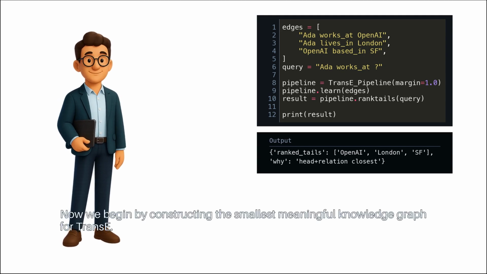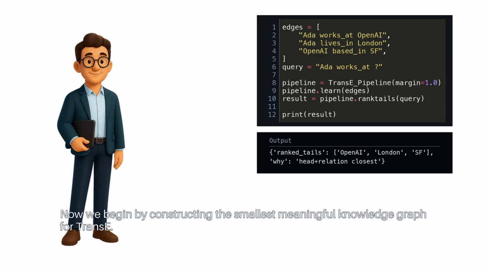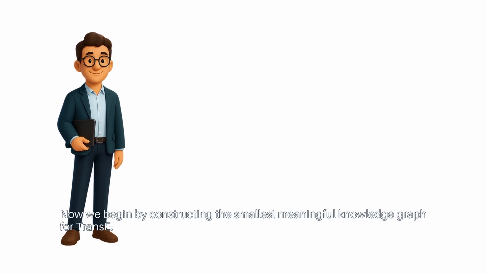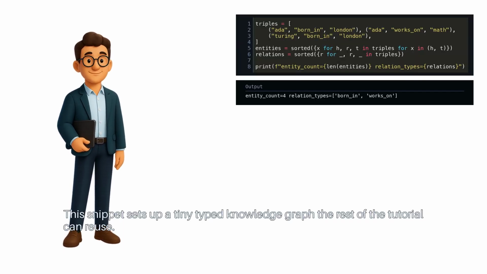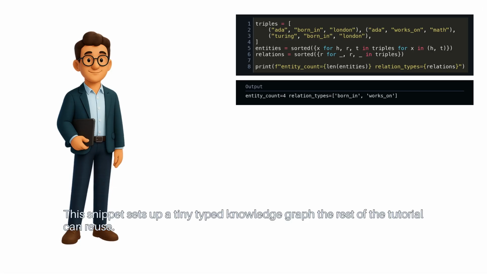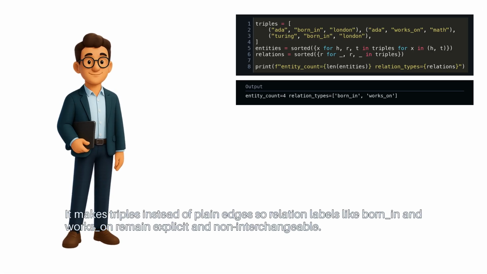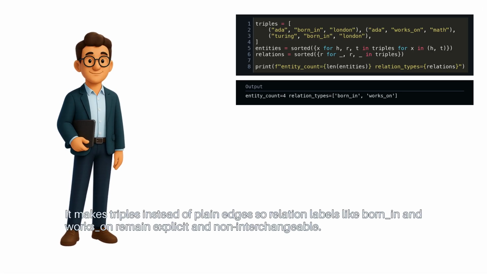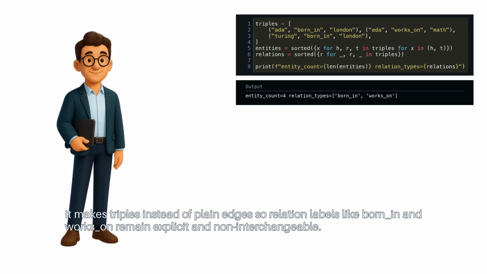Now we begin by constructing the smallest meaningful knowledge graph for TransE. This snippet sets up a tiny typed knowledge graph the rest of the tutorial can reuse. It makes triples instead of plain edges, so relation labels like born in and works on remain explicit and non-interchangeable.